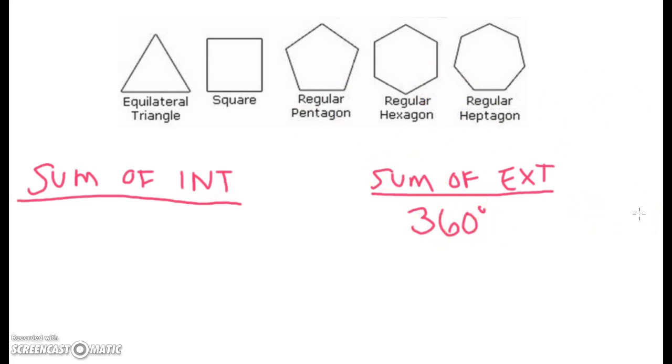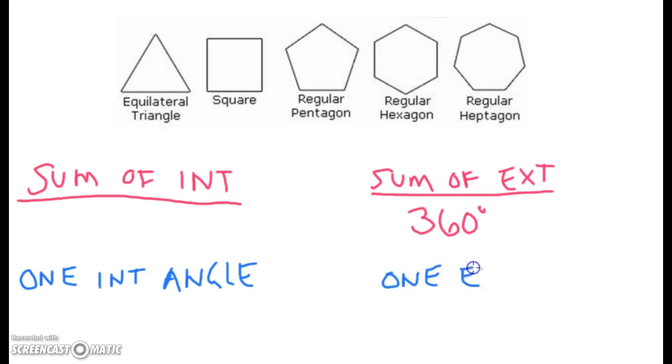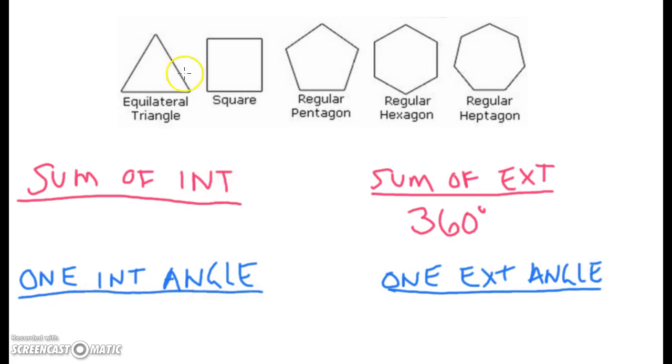All right, and then we need to know one interior angle and one exterior angle. Now, these formulas, one interior and one exterior angle, only work for regular polygons. These up here are all regular polygons.